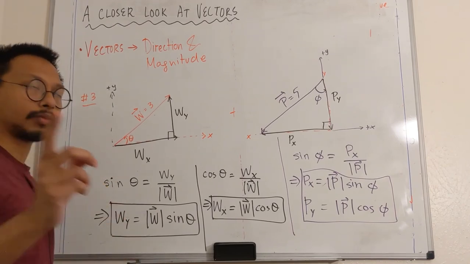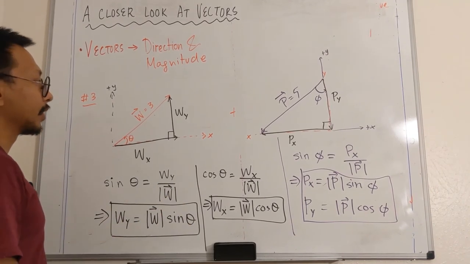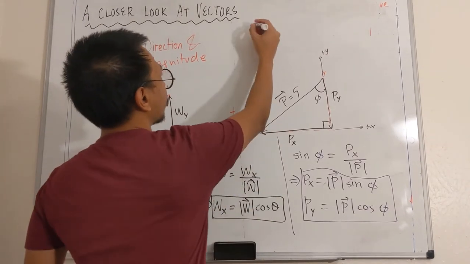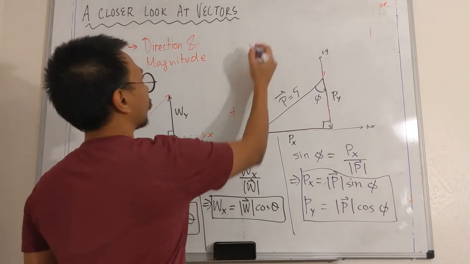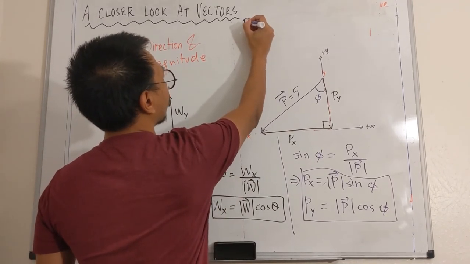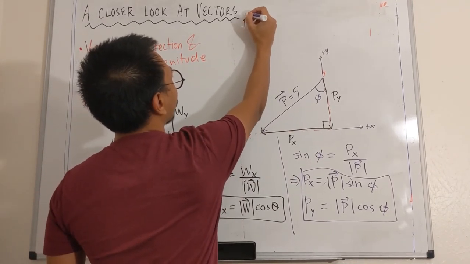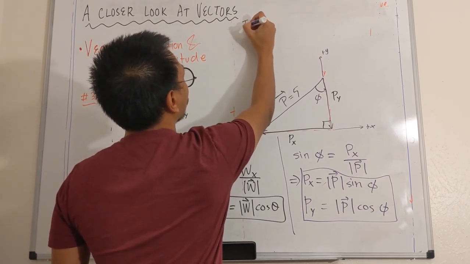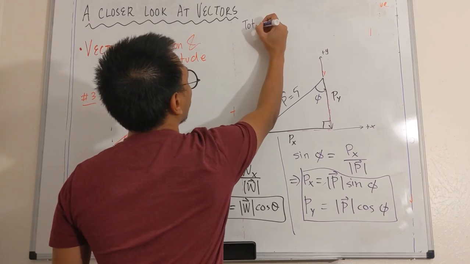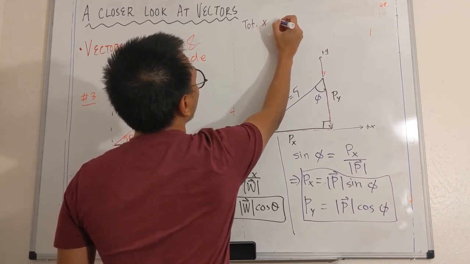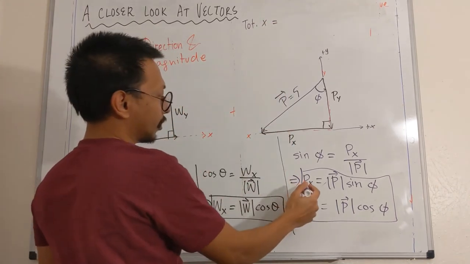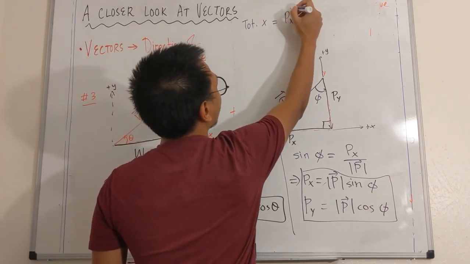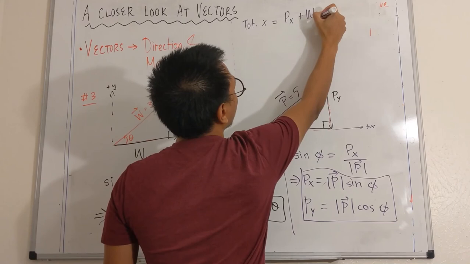Now how would you add the two vectors? You would add the two vectors by components. So you would find the total x component, which would be the summation of px and wx. So px plus wx.